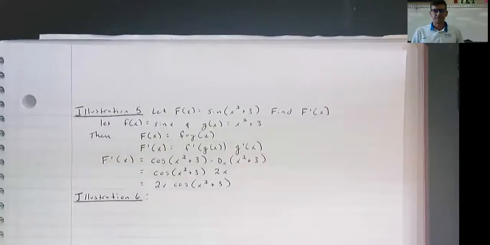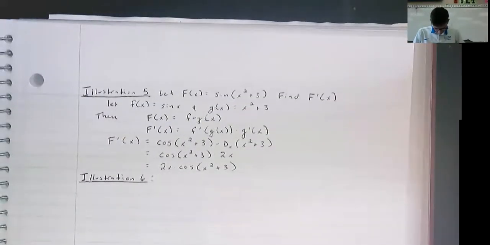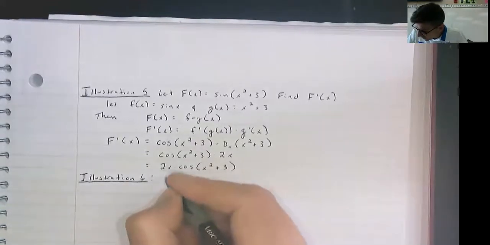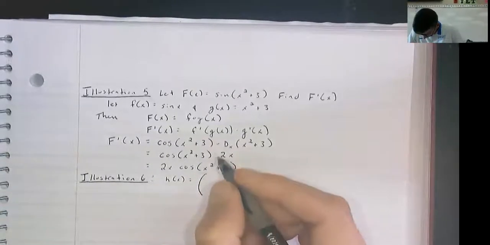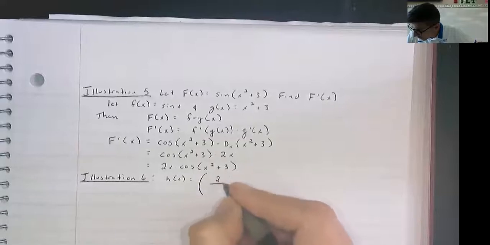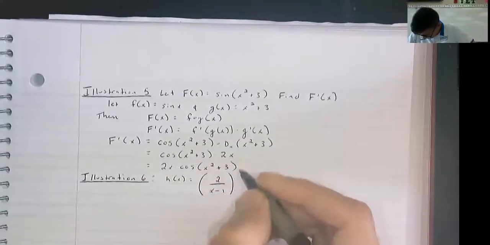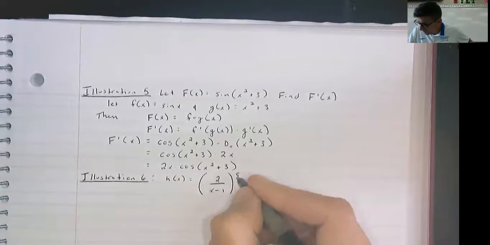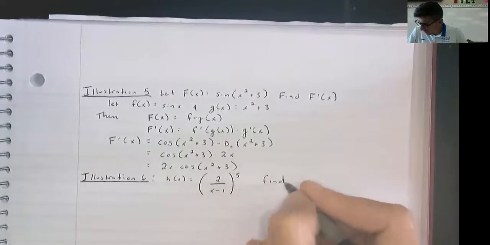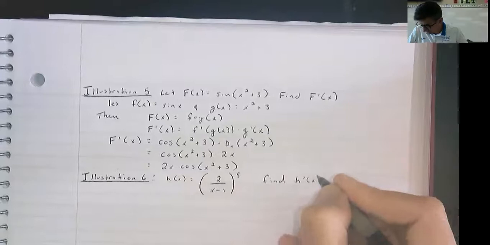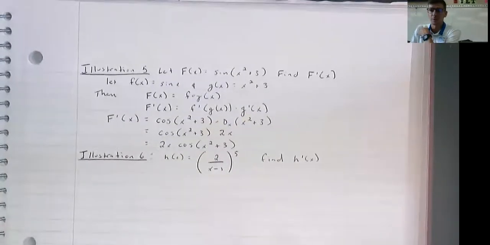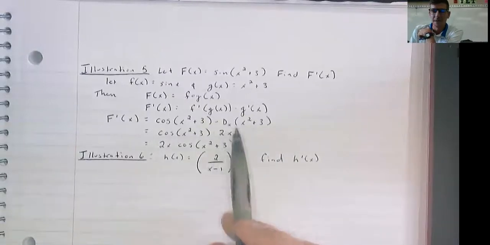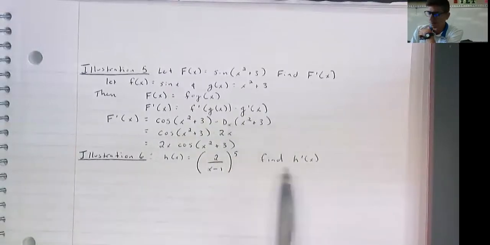Ooh, okay. If h of x is equal to 2 over x minus 1 raised to the 5th power, find h prime of x. Okay. This will be the last one that I explicitly do the f of x and g of x situation.